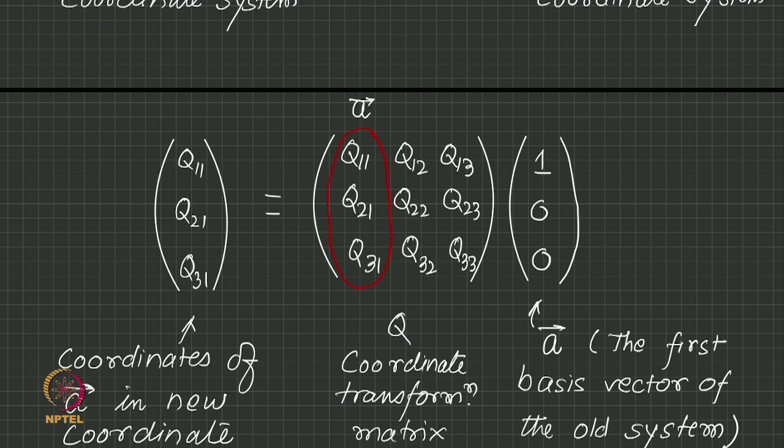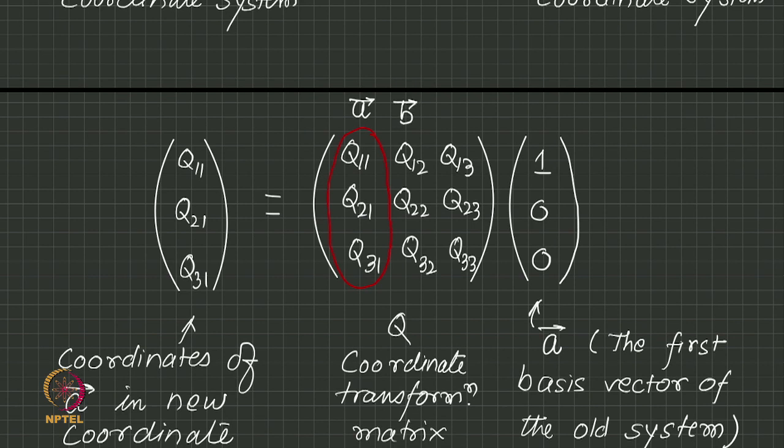A vector written in the old coordinate system is 1 0 0, and in the new coordinate system will be q 1 1, q 2 1 and q 3 1. Similarly, if you have understood this, you have understood the coordinate transformation matrix formulation, because the second one, if I multiply by 0 1 0, I get the second column.